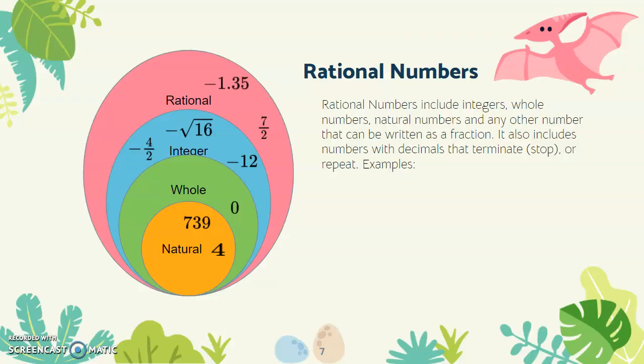Another example, negative 1.35. That 35 stops, so it is a terminating decimal. And then we also have 1 and 1/3. 1/3 turns into 0.3 repeating, so a repeating decimal also is a rational number.